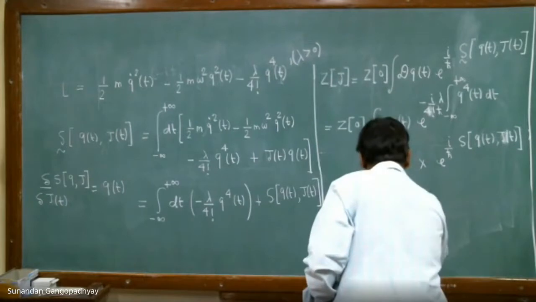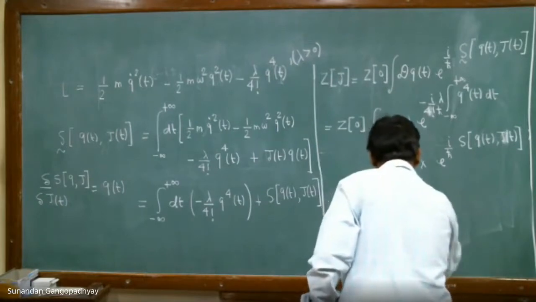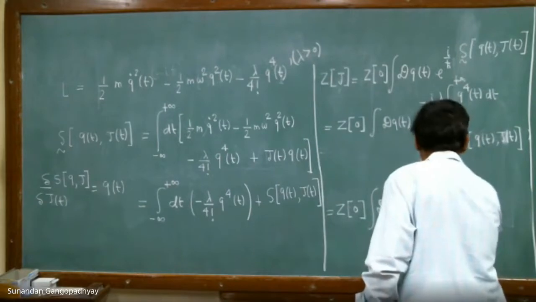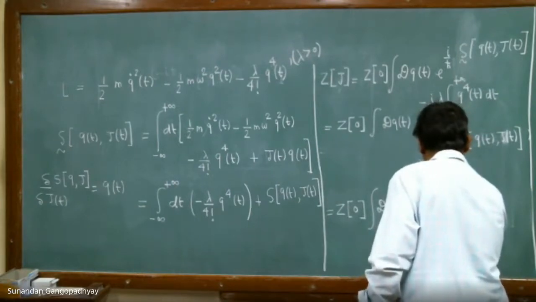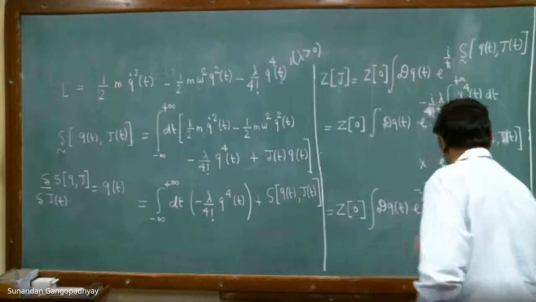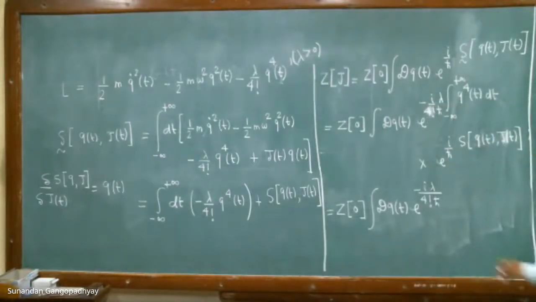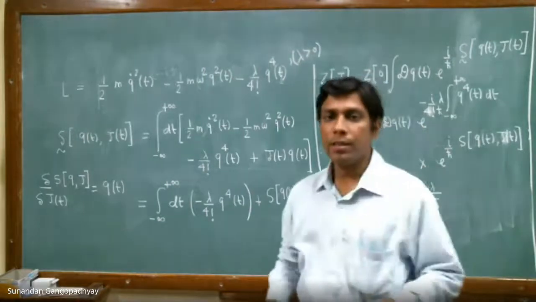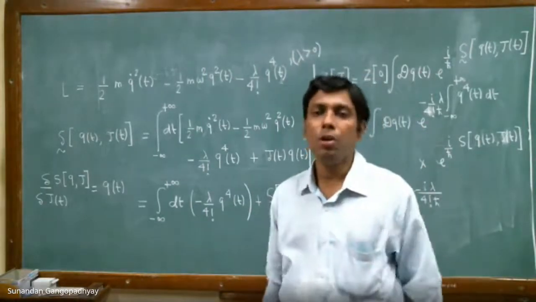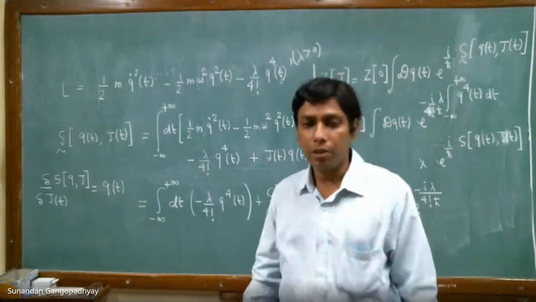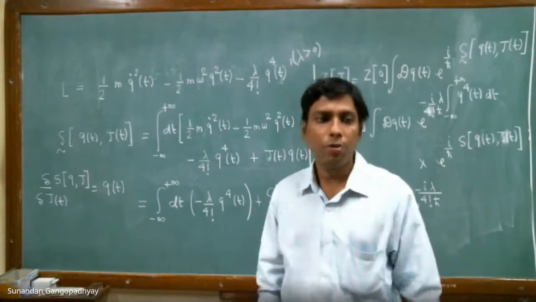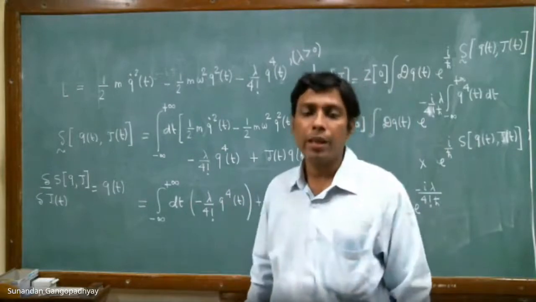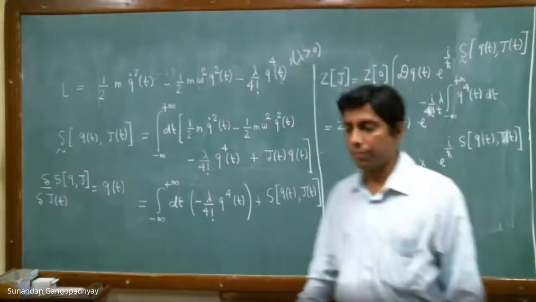This is the integral of Dq(t) with minus i lambda h bar. And remember, whatever we are doing now is a nice practice for you when you take up the course on quantum field theory. I hope that some of you will take up the course on quantum field theory, and whatever we are doing here, everything will go through there also.